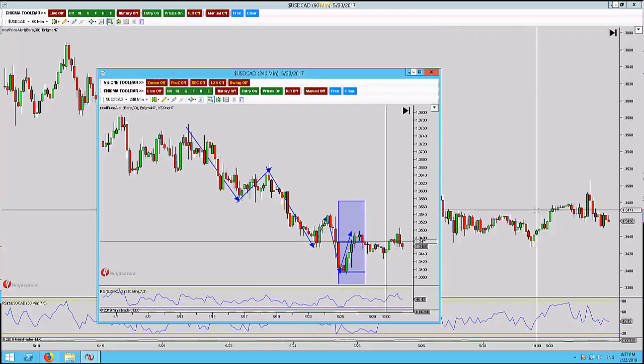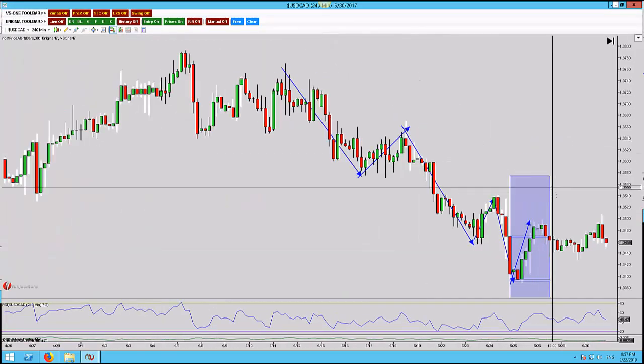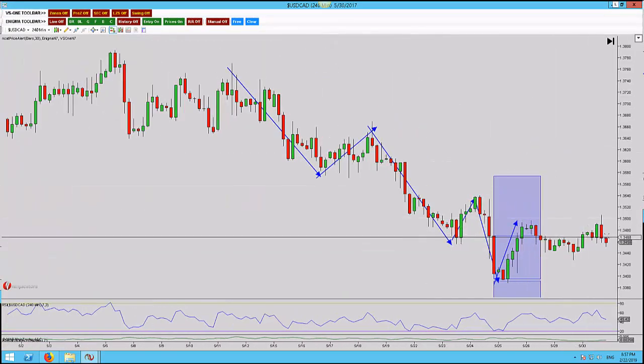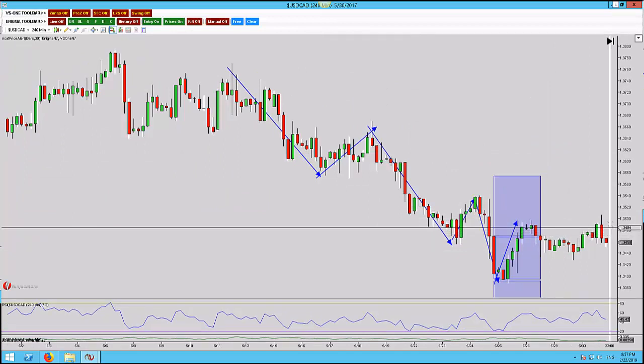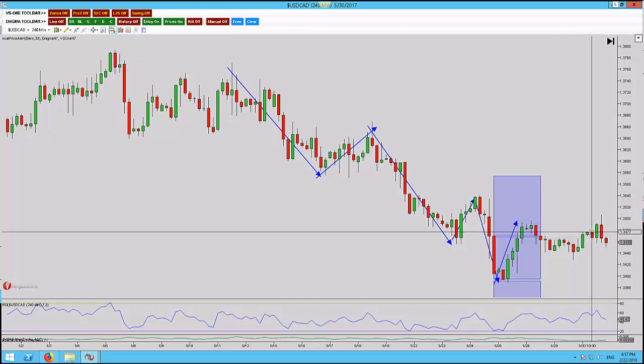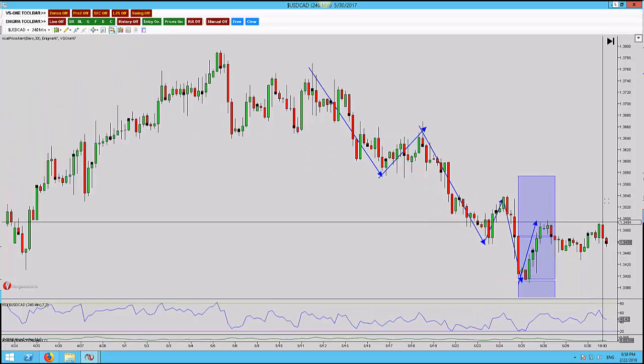My entry was at 3471. 3471. Where's 3471? It's right at the exact same place. It's right at the exact same place it was last time.